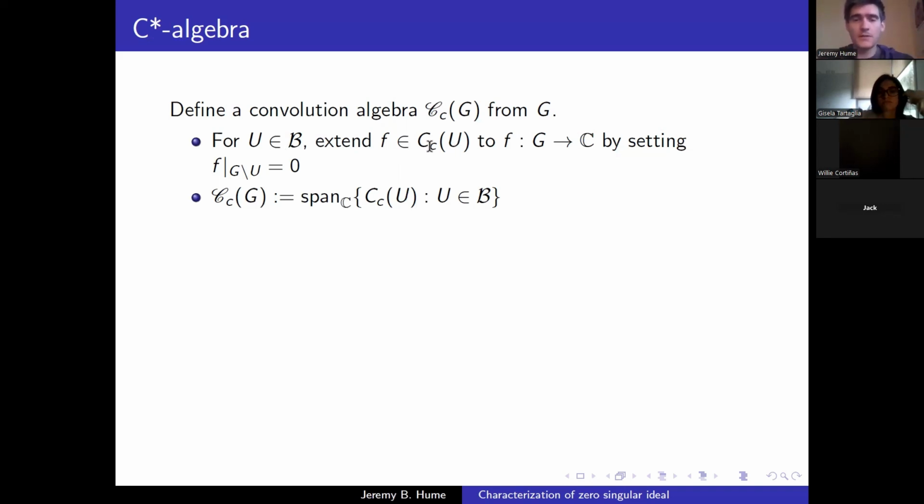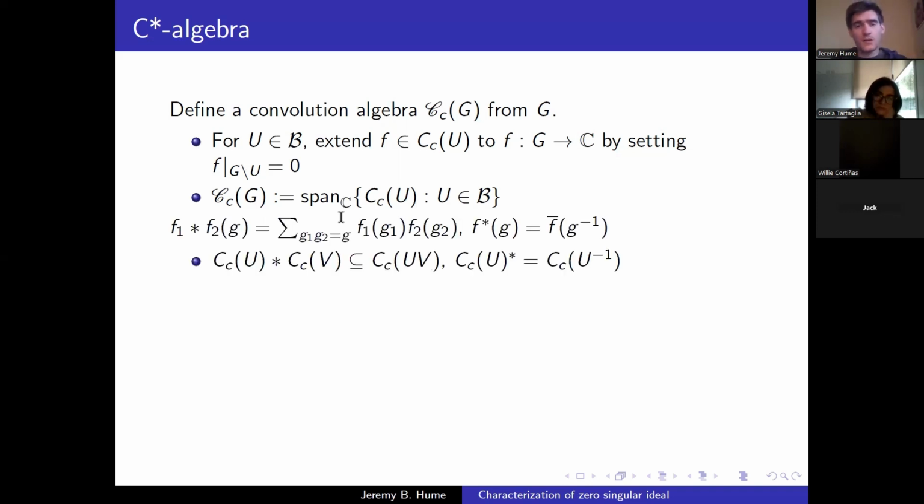So there are lots of compactly supported continuous functions on a bisection U, and you can take a function there and extend it to the whole groupoid by setting it to be zero off of the bisection. You can regard a function in C_c(U) as a function on G in this way, and this extension is not necessarily continuous, so you can get discontinuous functions. Then curly C is defined to be the span of all such functions regarded as functions on G.